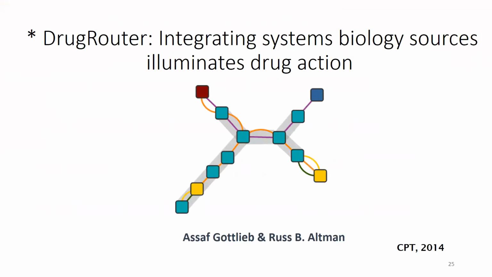So this is called DrugRouter, and that's Integrating Systems Biology Sources Illuminates Drug Action. It was published in Clinical Pharmacology and Therapeutics in 2014 with me and Russ Altman, my previous mentor at Stanford.